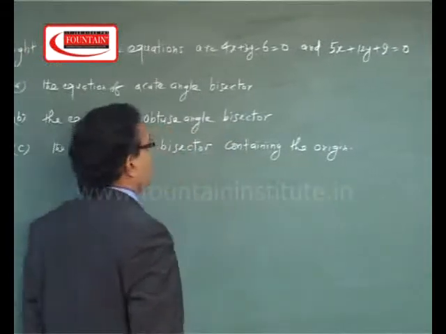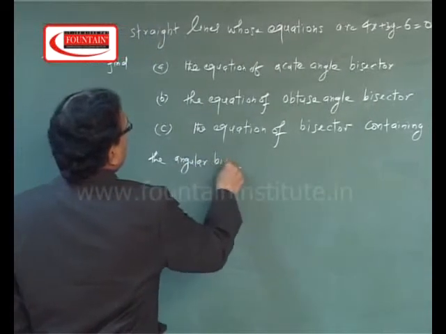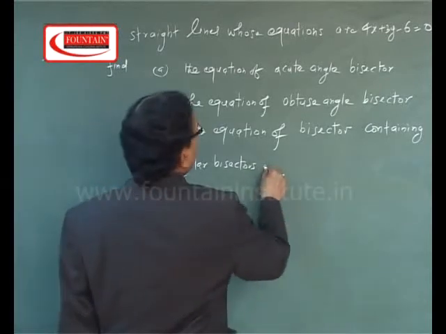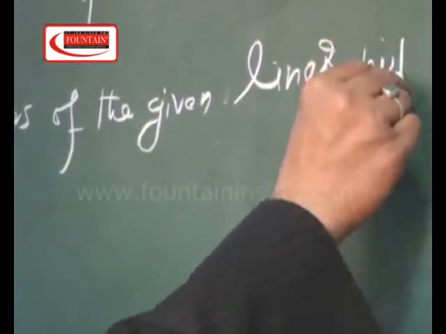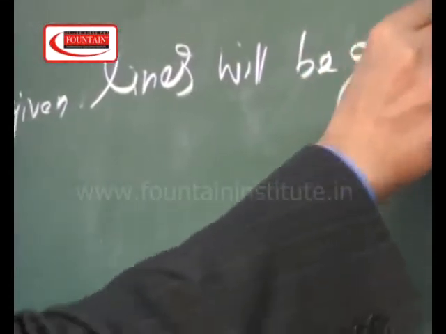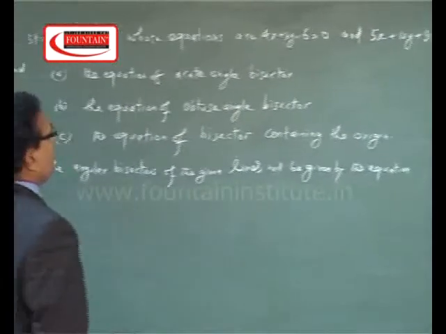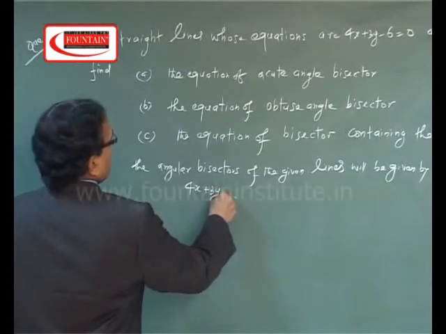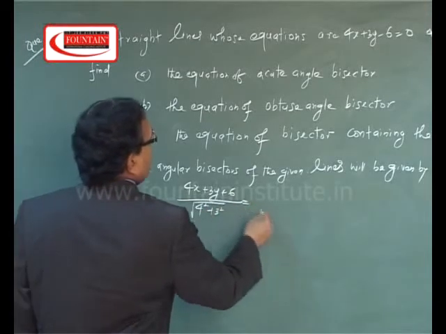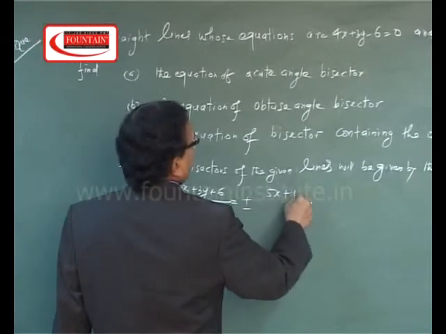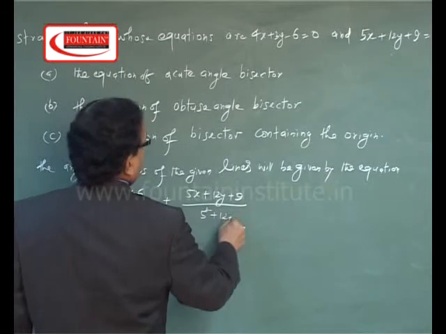The angular bisectors of the given lines will be given by the equations: 4x plus 3y minus 6 divided by the square root of 4 square plus 3 square is equal to plus minus 5x plus 12y plus 9 divided by the square root of 5 square plus 12 square.